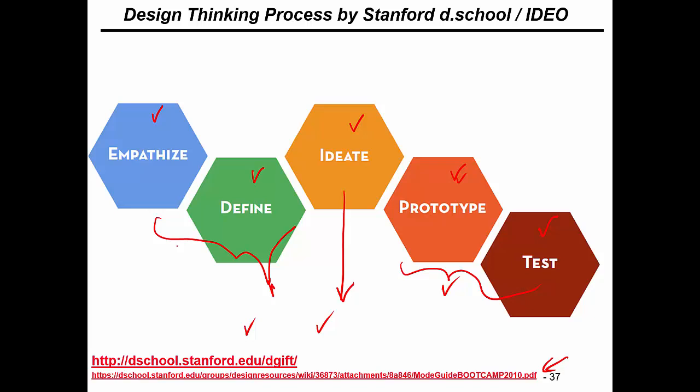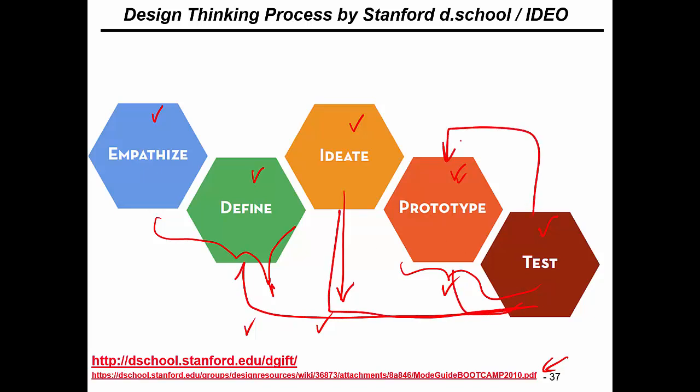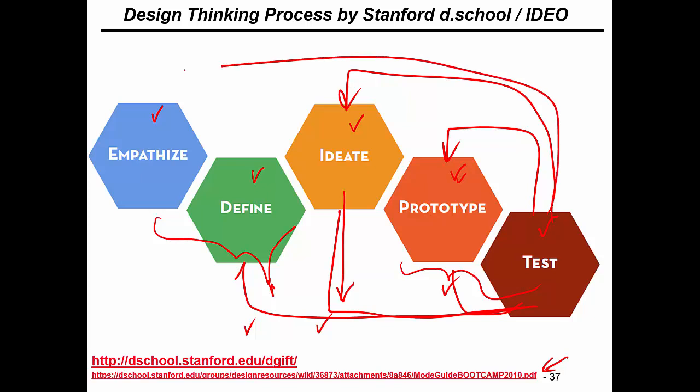There are different tools that you can use to support each stage of this design thinking process. And by the way, there's a feedback loop. After testing, you can go back to prototyping or go back to the ideate stage, or even sometimes go back and study the users further.